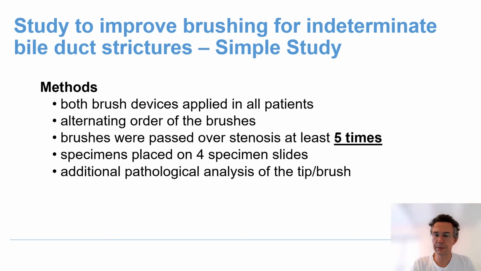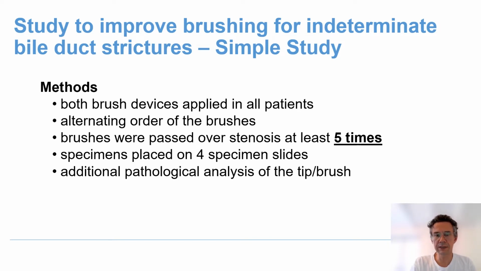In our study, both brush devices were applied in all patients. We used an alternating order of the brushes, which means that in the first patient we used the ERCP sampling device Infinity at first position, then the conventional brush at second position, and in the next patient we did it the other way around.